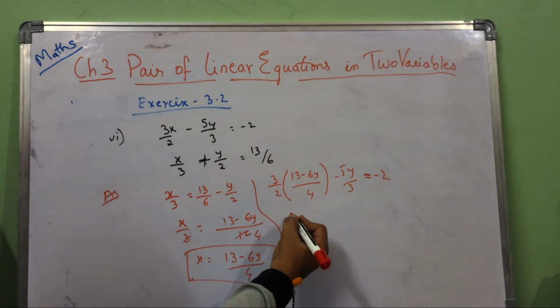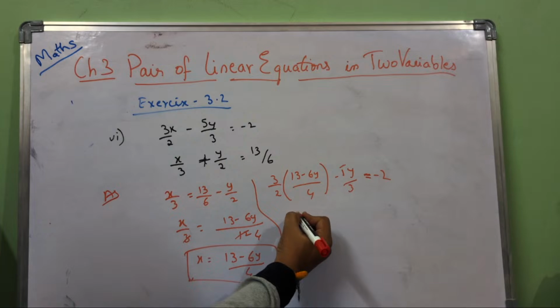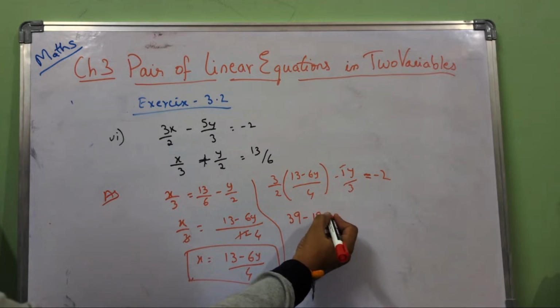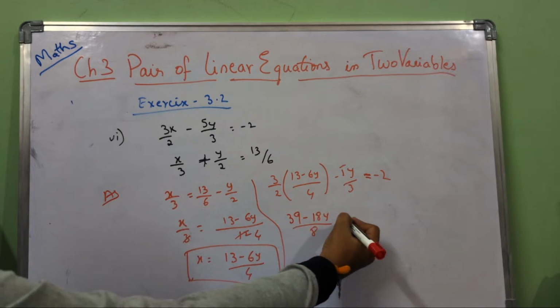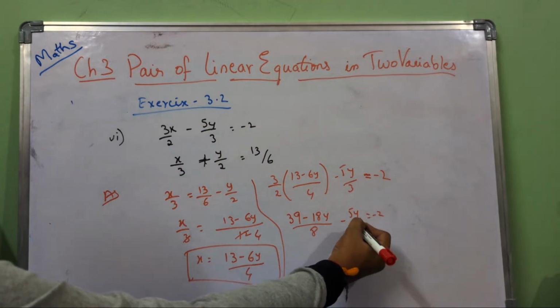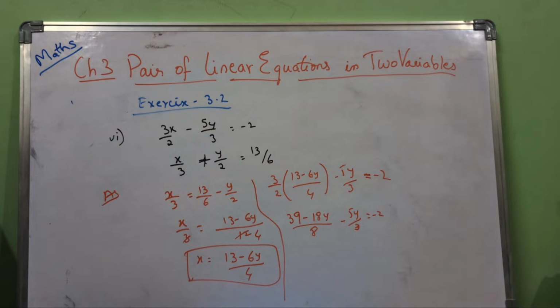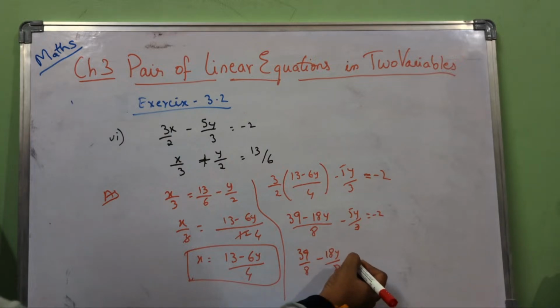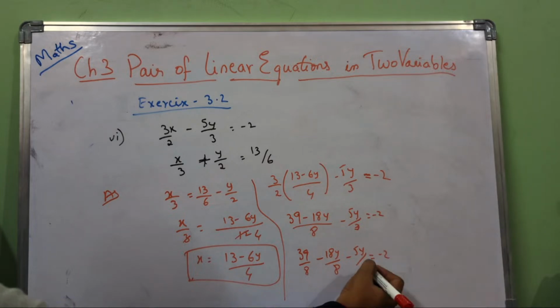13 3s are 39, 6 3s are 18. 2 4s are 8. Minus 5y by 3 equal to minus 2. 39 by 8 minus 18y by 8 minus 5y by 3 equal to minus 2.